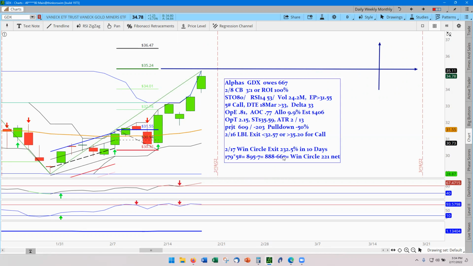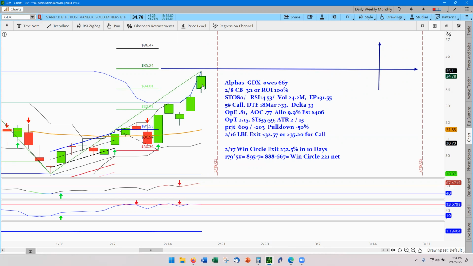So here we are, 232 in 10 days, 179 profit per contract with 5 contracts, with a 5,895 return minus $7 for commissions, leaving a trade net of 888, paying back the 667 owed, giving us a win circle of a net of 222. So we got $888 back to our buying power. Our buying power on this account, which is the Alpha's account, is getting quite up there.